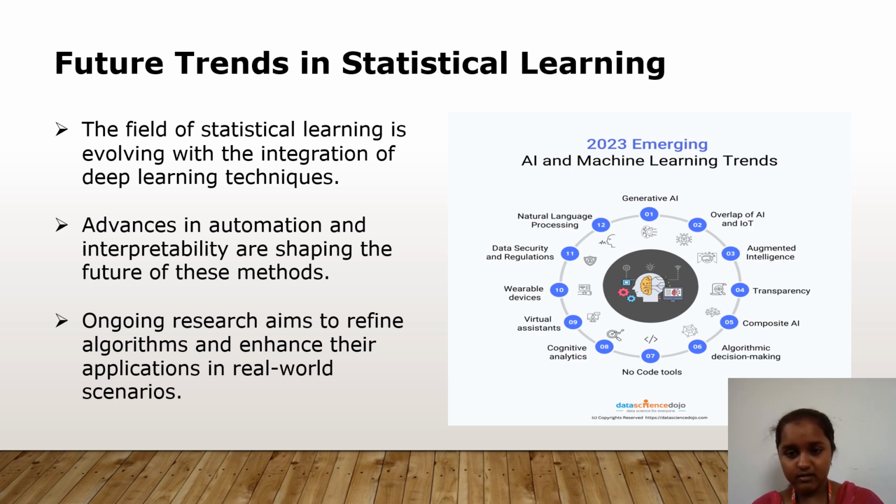Here we can see the simple cycle which contains AI and machine learning trends in 2023. It starts with generative AI, an overlap of AI and Internet of Things, augmented intelligence, transparency, composite AI, algorithm decision making, no code tools, cognitive analytics, wearable devices, virtual assistants, data security, and natural language processing.